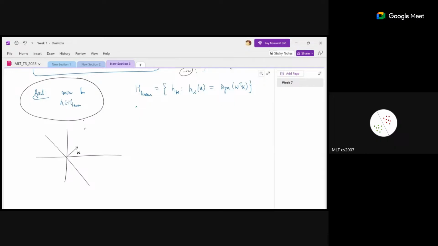So this is the set of all x such that w transpose x is positive, and this is the set of all data points such that w transpose x is less than or equal to 0.